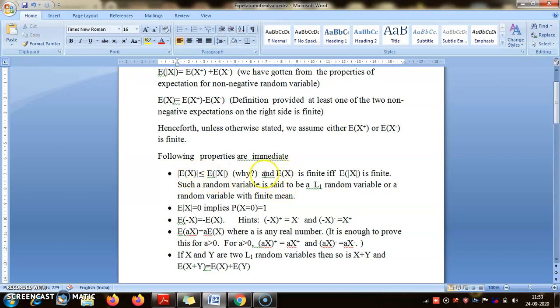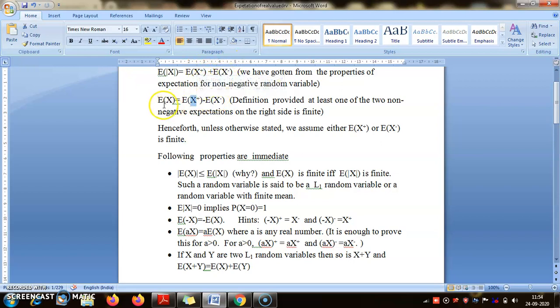So why is that so? This follows from the above two equations. Let us assume that both of them are finite. So expectation of X plus and expectation of X minus are finite. So this is the difference of two non-negative numbers, and this is the sum of the same two non-negative numbers.